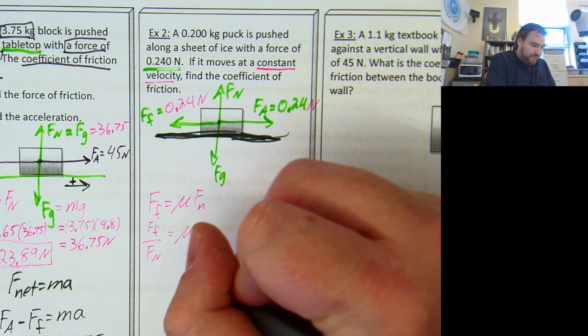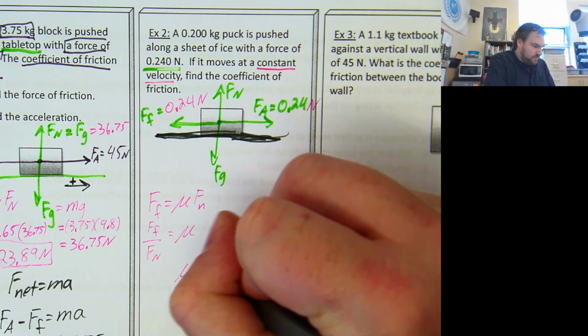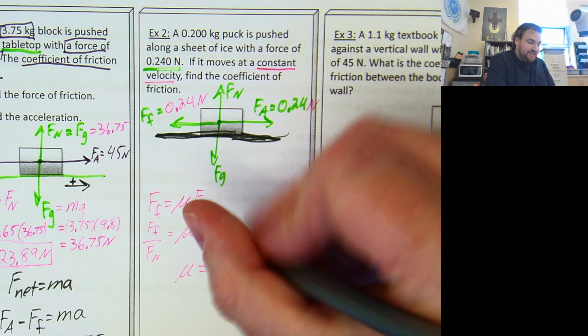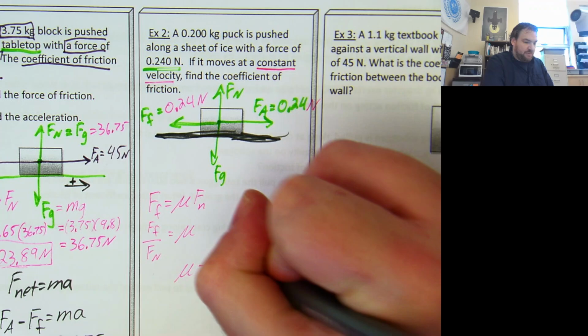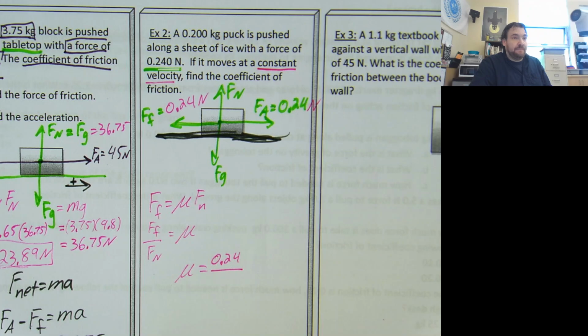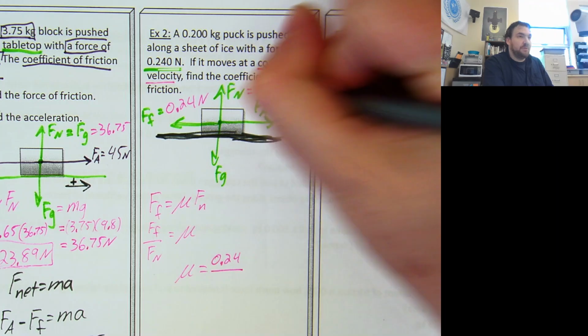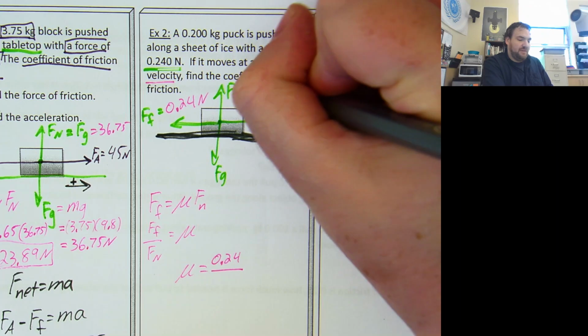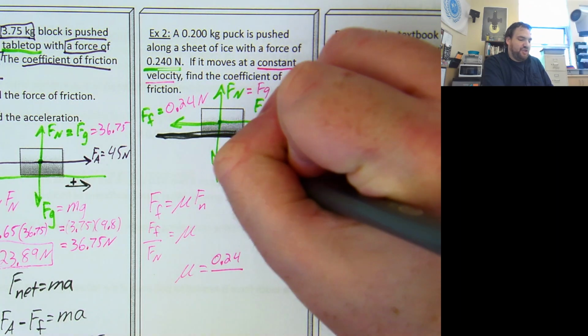So if I want the value for mu, we know the force of friction has to be 0.24 divided by, what's Fn? In this case, Fn is going to be equal to Fg, and Fg is going to equal mg.